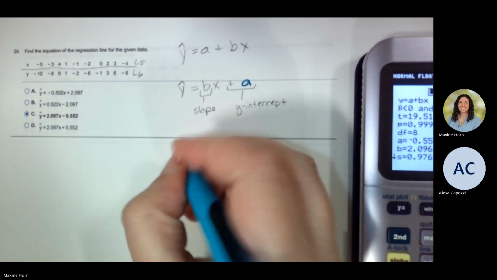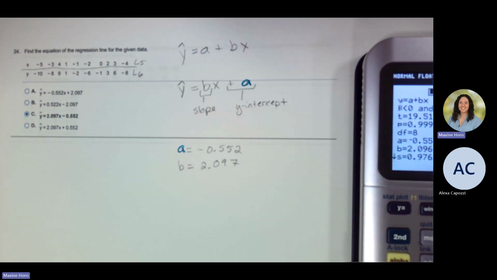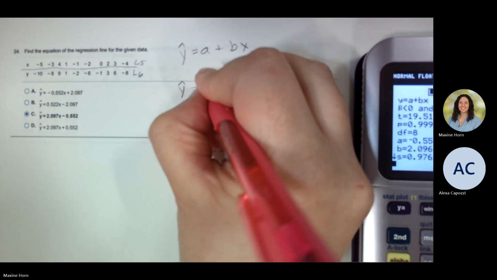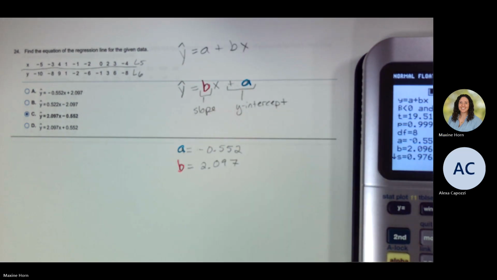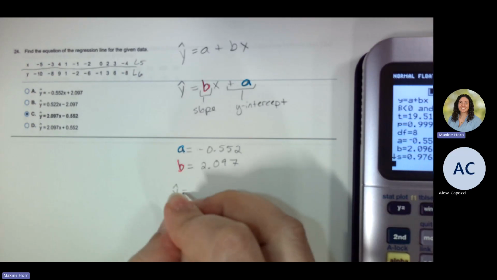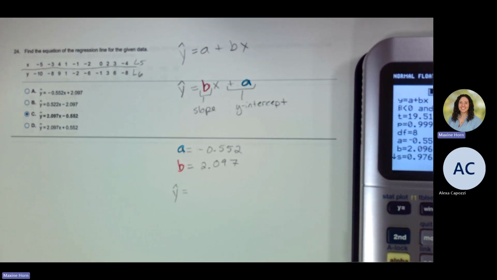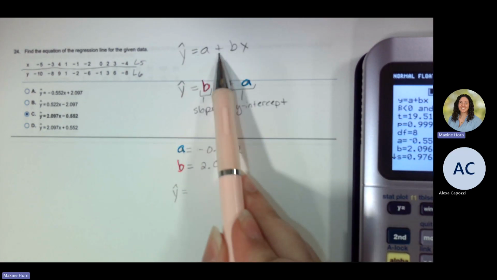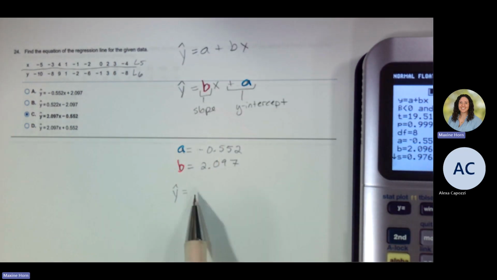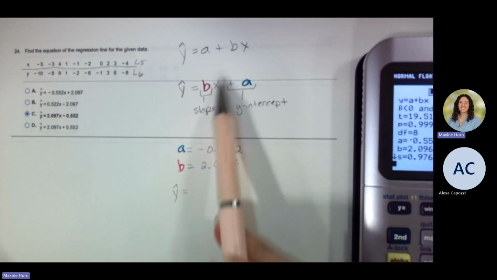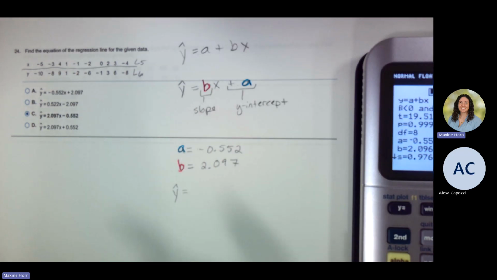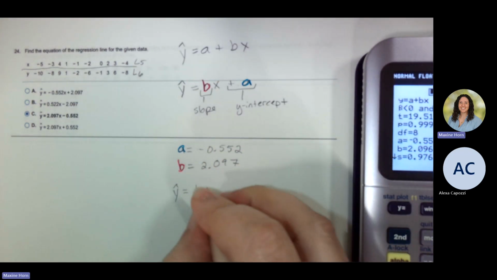Okay, so this is my A, and this is my B. Okay, so I'm going to write y equals a plus bx. Sorry, this is not the order that we want it in. We want it in bx plus a.